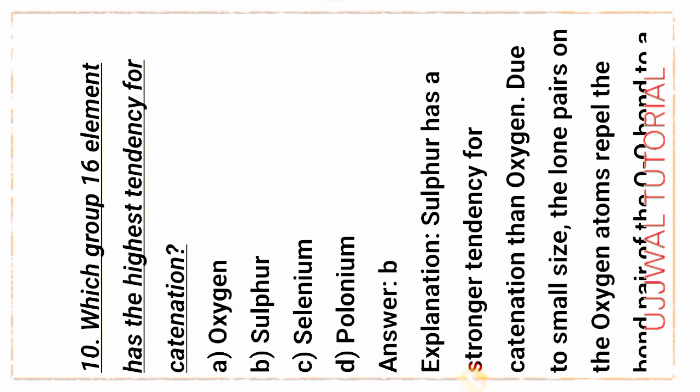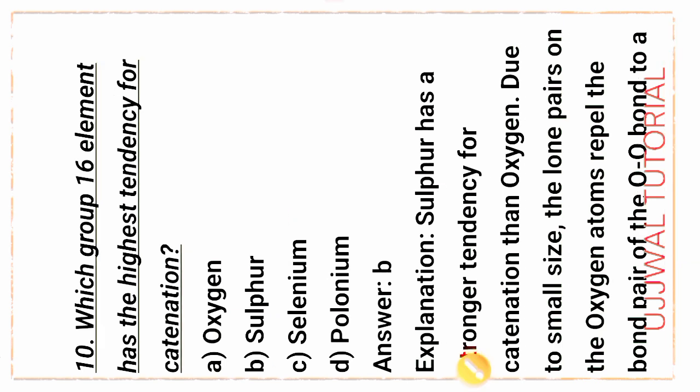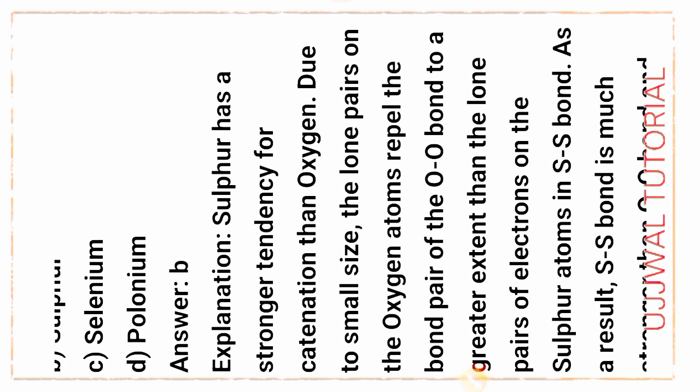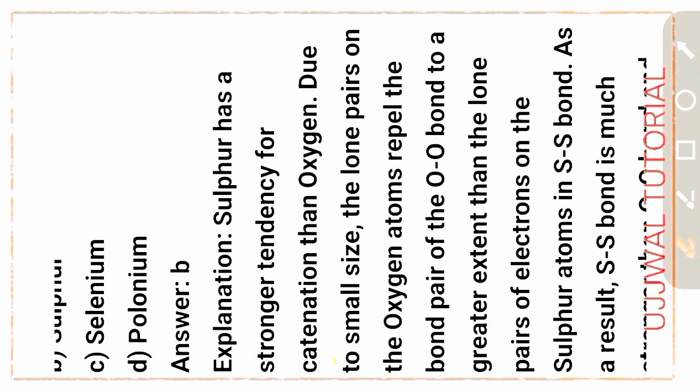Next question, question number 10. Which group 16 element has the highest tendency for catenation? Option B, that is sulfur. To explain this part, sulfur has a stronger tendency for catenation than oxygen.